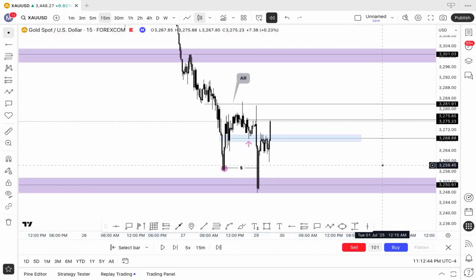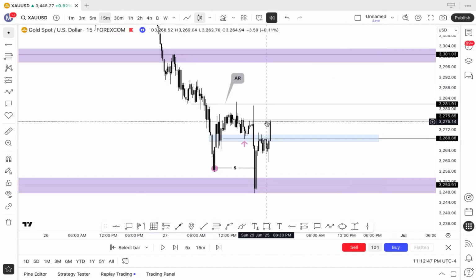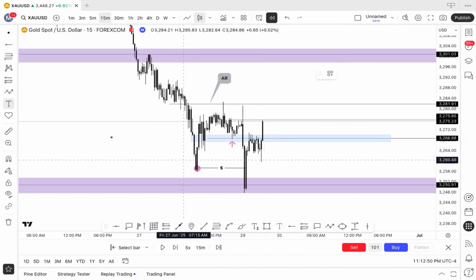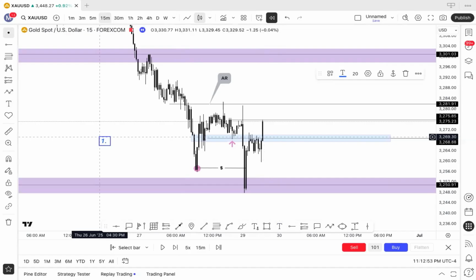Okay, beautiful, right? Break of structure on the 15-minute time frame. Check. So I'm going to make a list. Higher time frame bias, we did. Now I want a 15-minute break of structure slash analyzed.